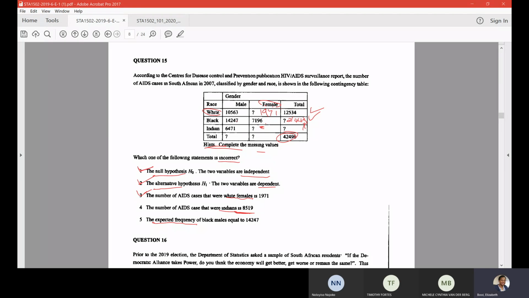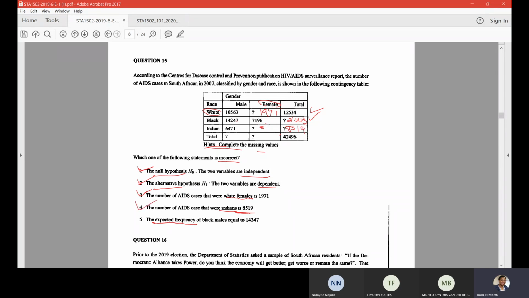42,496 subtract 21443, subtract also 12,534 equals 8519. 8519, that is correct.